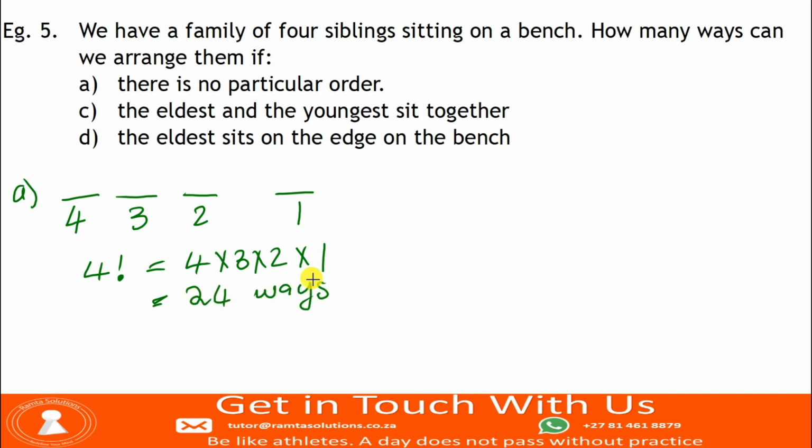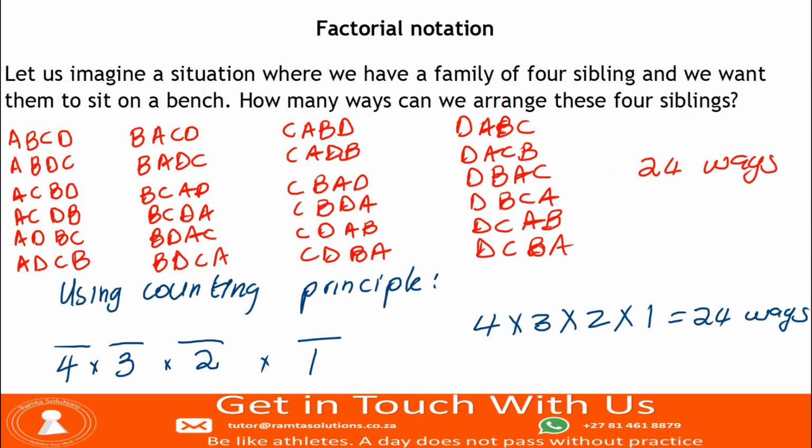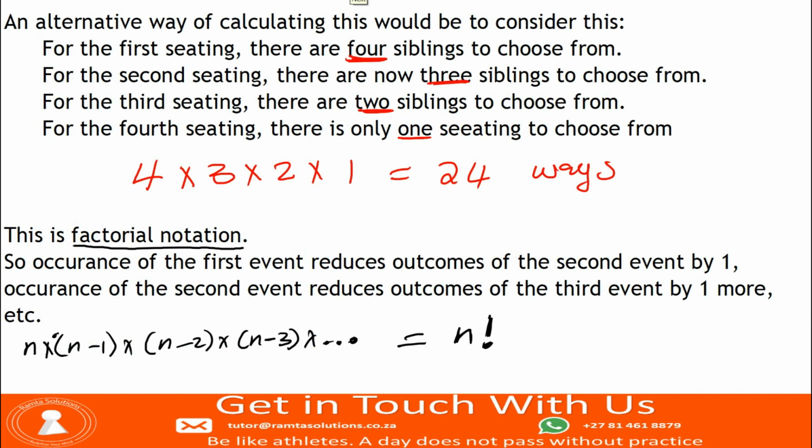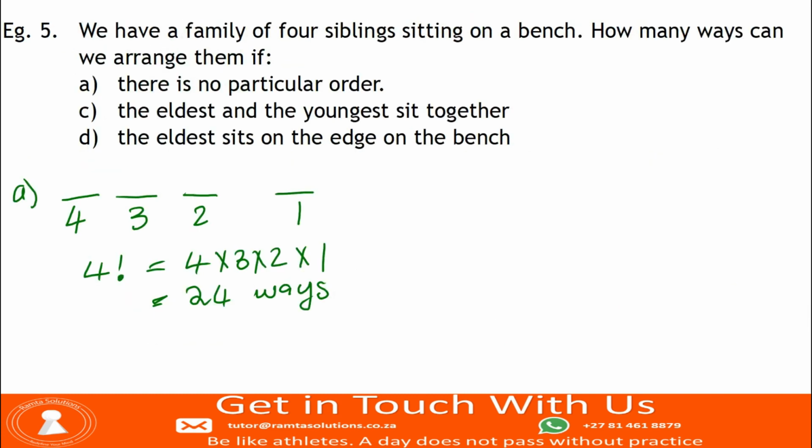This is what we had from the opening slide, 24 ways, and this is 4 factorial. Because we have 4 objects and we are not limiting them. Perfect. Now, let's head to number B.